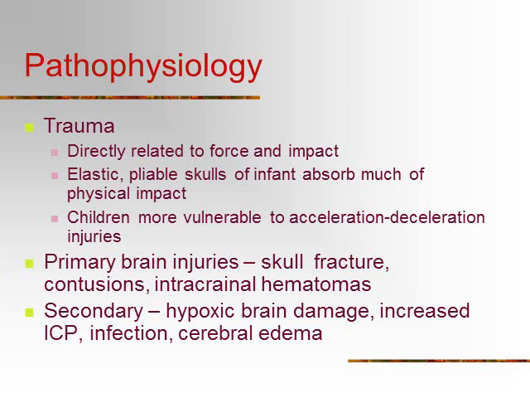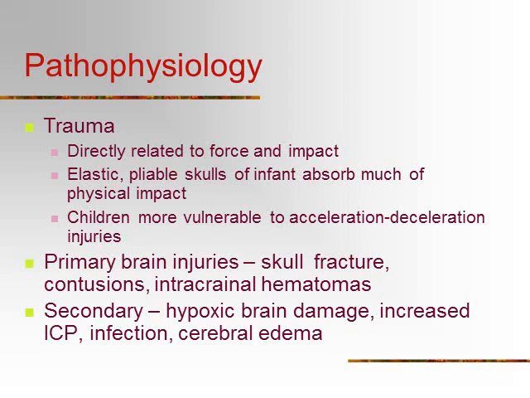Okay, so the patho, trauma. If they have a traumatic brain injury, the severity is directly related to the force and impact. So infants are actually lucky in this case because they have elastic, pliable skulls, so they can recover very well from head injuries. Children are more likely to have the acceleration-deceleration injuries.